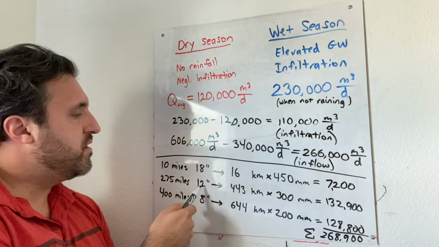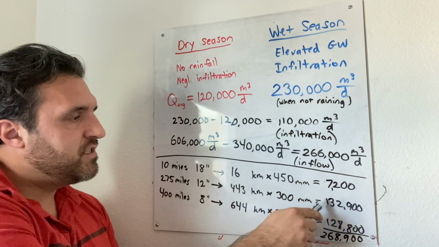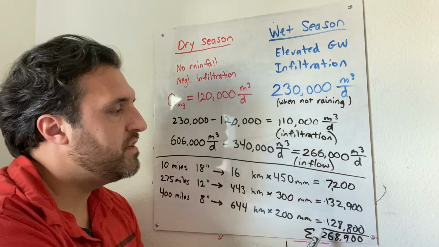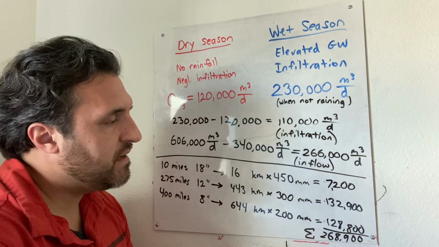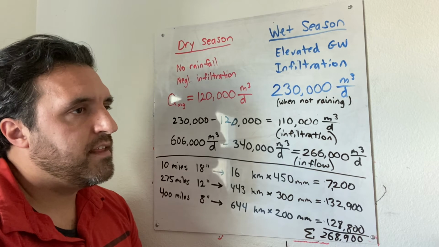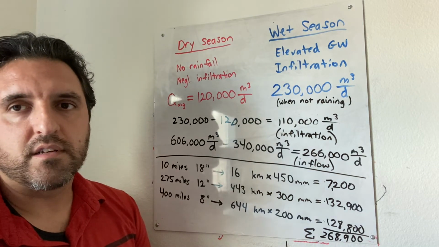We do the same thing for the 12-inch pipe and the 8-inch pipe, and then we add these three values. So 7,200 plus 132,900 plus 128,800, that gives us a total pipe length times diameter of 268,900 millimeter-kilometers.